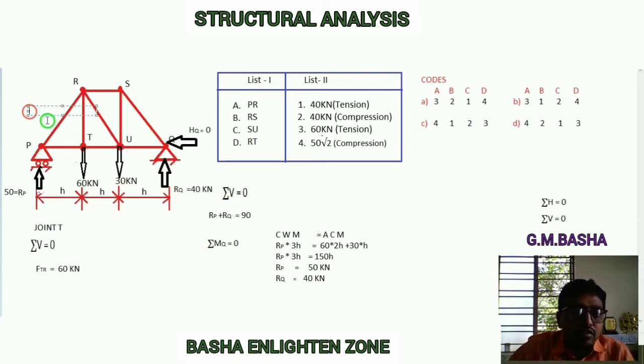Here the height of the span will be given as h. The height of the span will be given as h in the question. So already here h is also there, here height also h.